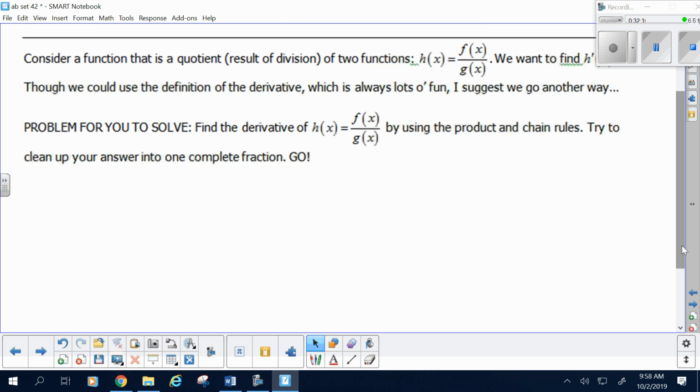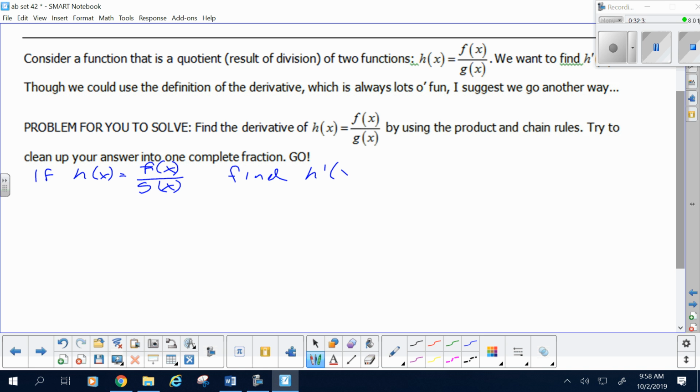Now, I would normally say just have you do it yourself, but in the interest of time, I'm going to show you where it's coming from. So the idea is, if h of x is some generic quotient, how do you find the derivative? Now that's the quotient rule, but you can actually do this with some of the skills you already have.